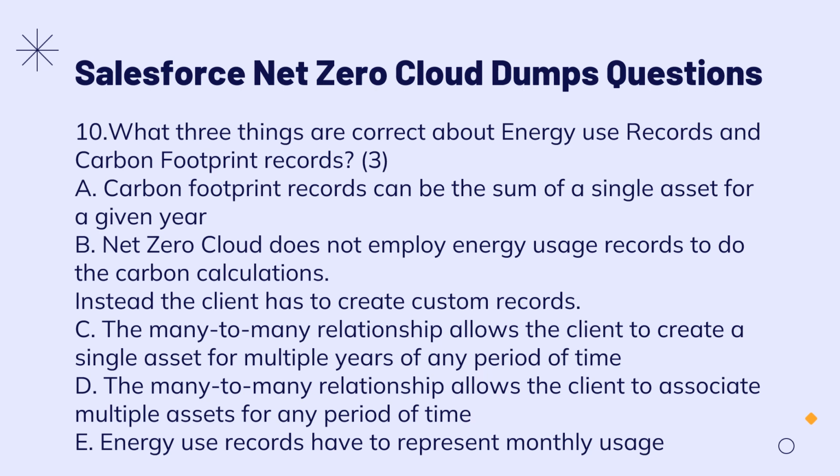C. The many-to-many relationship allows the client to create a single asset for multiple years of any period of time. D. The many-to-many relationship allows the client to associate multiple assets for any period of time. E. Energy use records have to represent monthly usage.